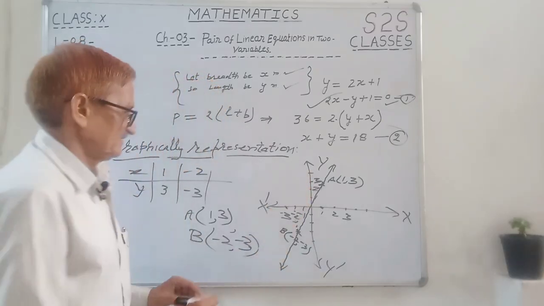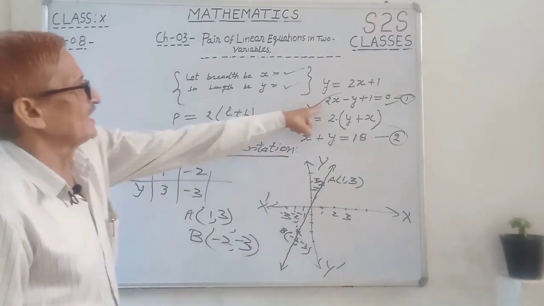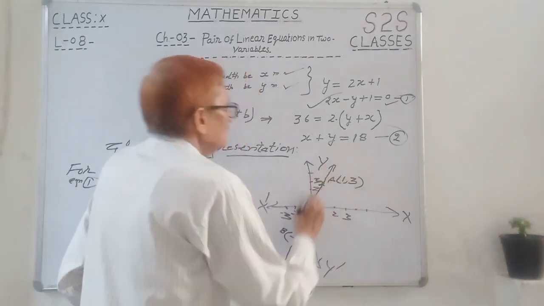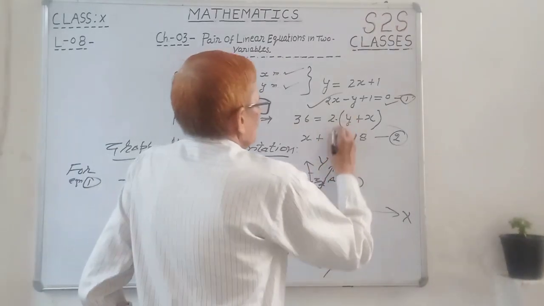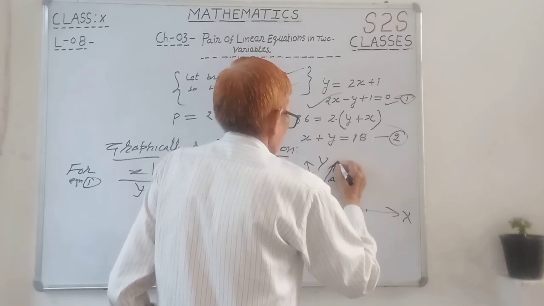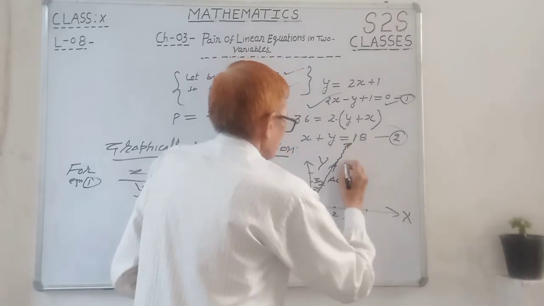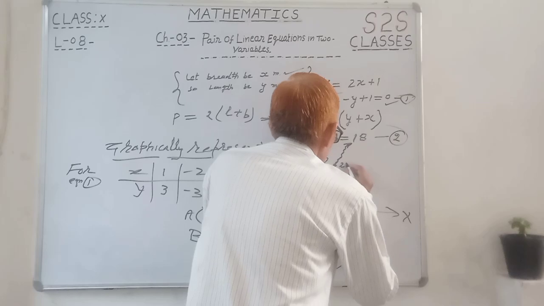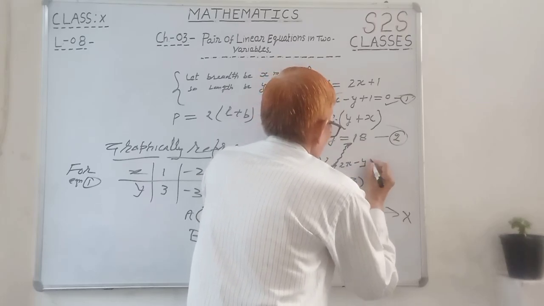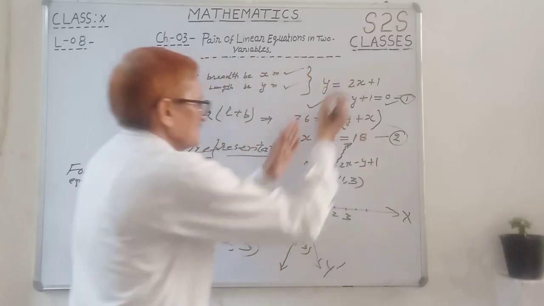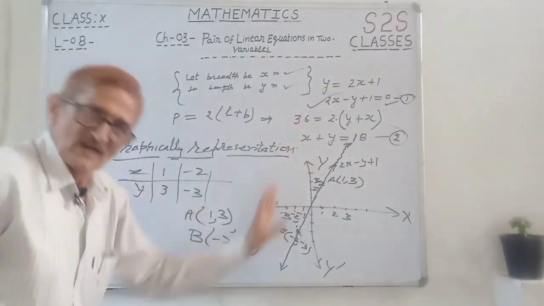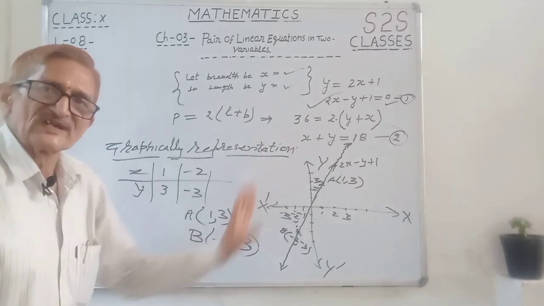This is the line and this is the graph of 2x minus y plus 1. So we can write 2x minus y plus 1 on this, produce this forward and write here 2x minus y plus 1. Along this line you should write the equation of which graph this straight line is.